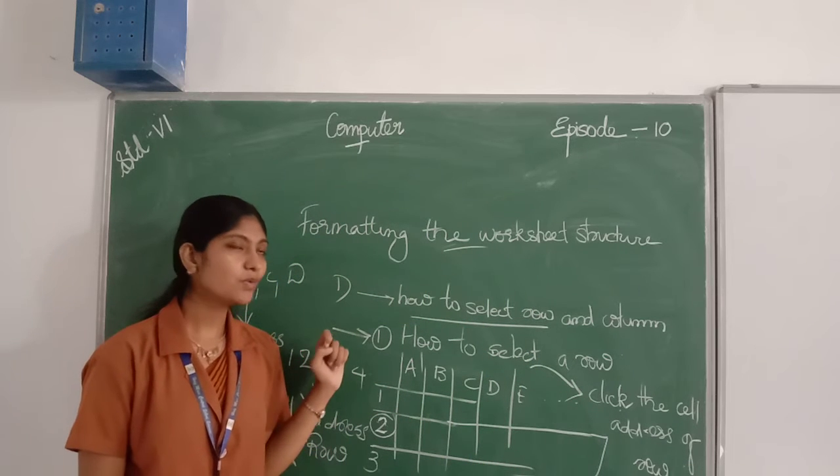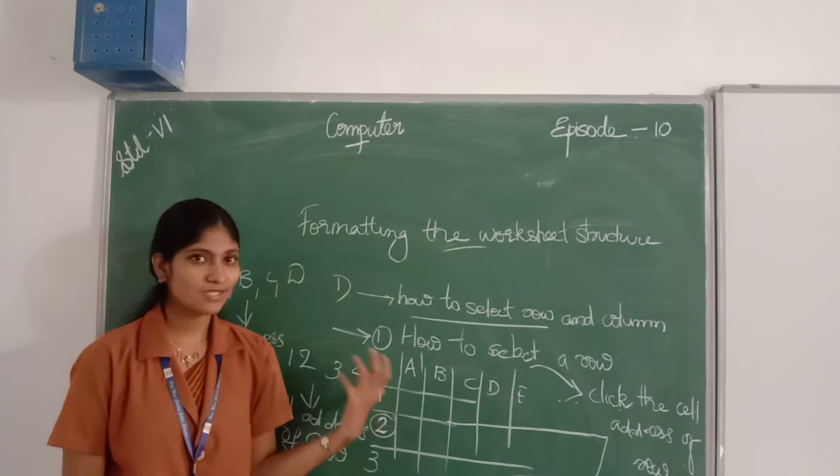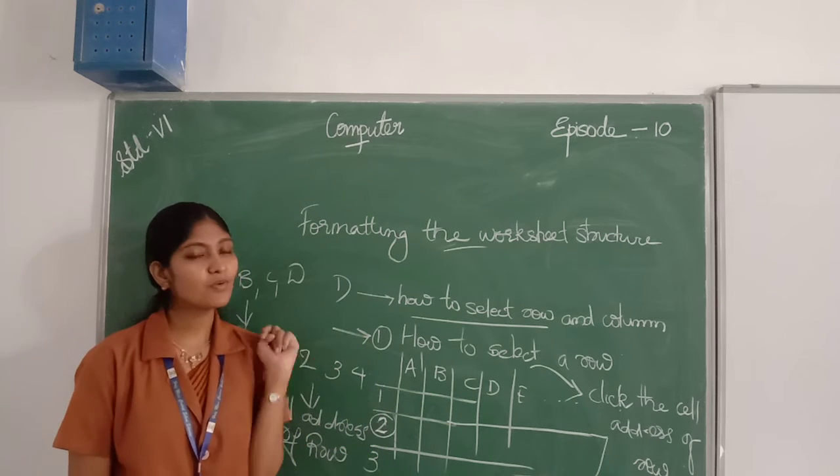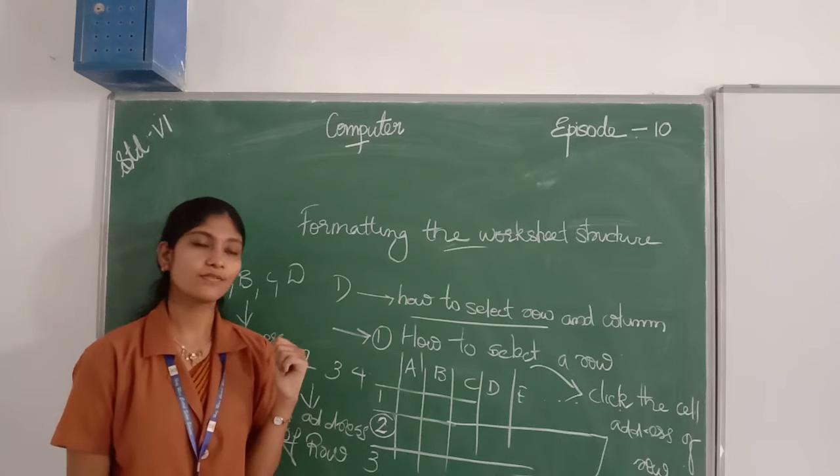Next is how to select a column. This is similar to selecting a row. That means if you want to select a column, just go to the cell address of column.